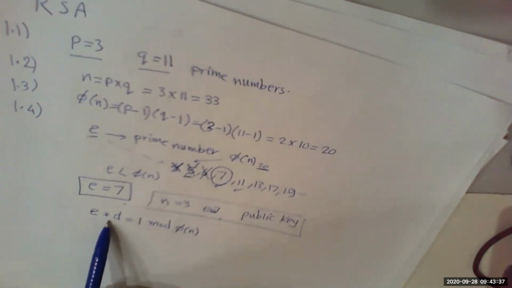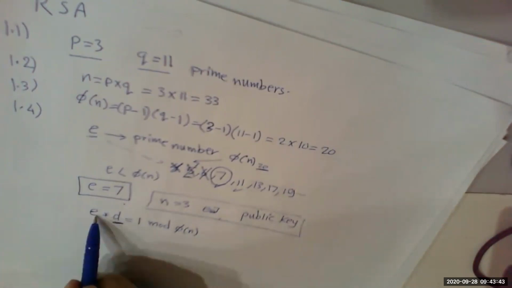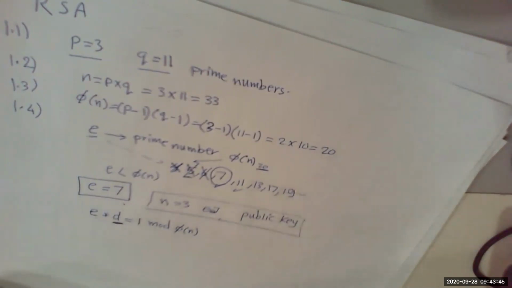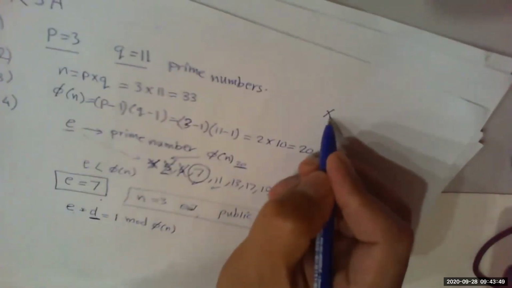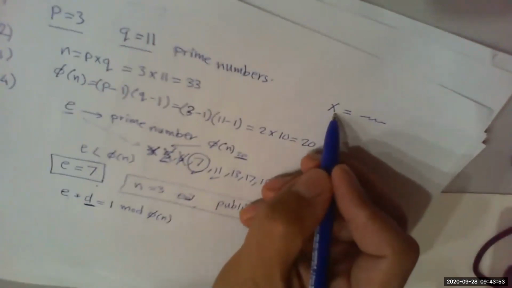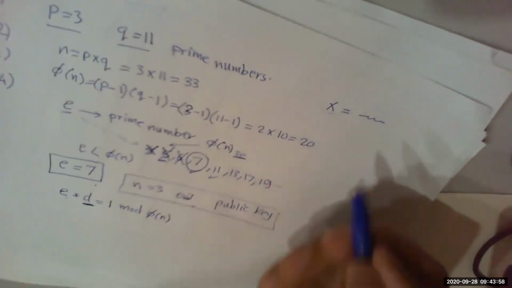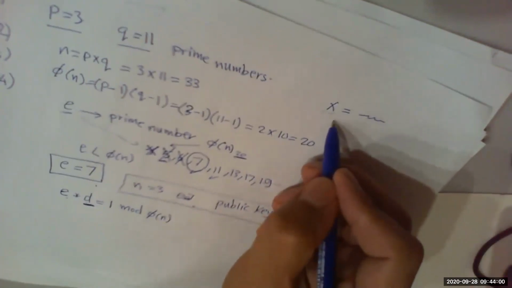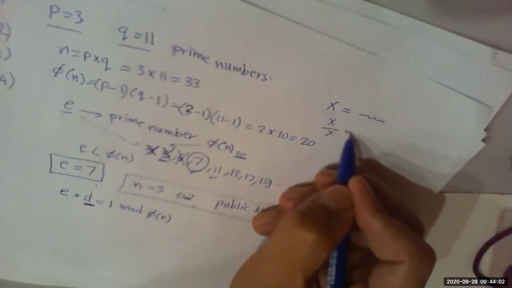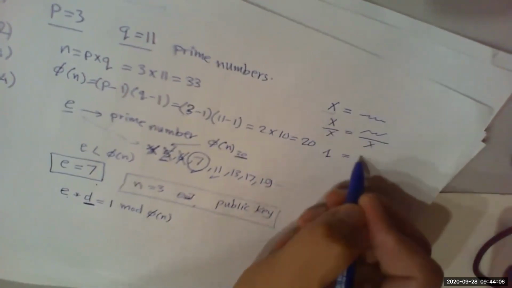This means D should be the multiplicative inverse of E. If we have X equal something and want the multiplicative inverse of X, we divide both sides by X. So X by X equals something by X, which means 1 equals something.